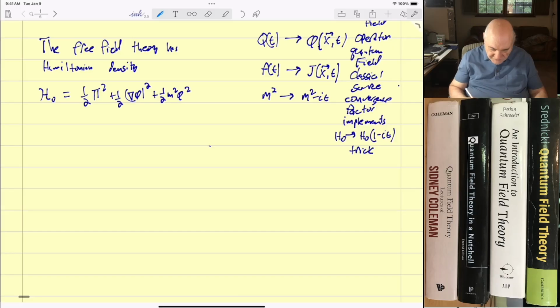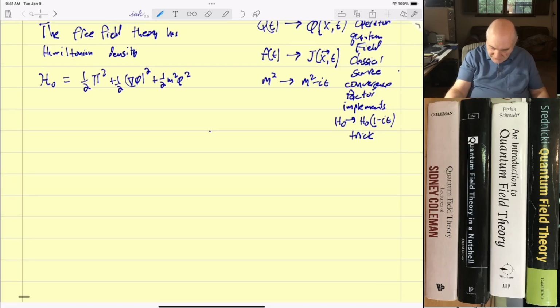Now this is just like the harmonic oscillator, except for the gradient term. You could think of the gradient term as couplings between free oscillators in space, but it just comes from relativity basically. In order for it to be relativistically invariant, we have to have a time derivative squared minus a space derivative squared.